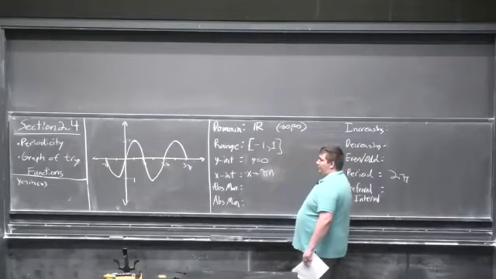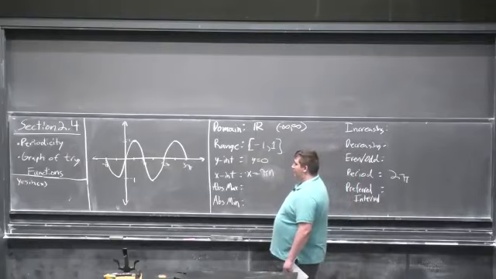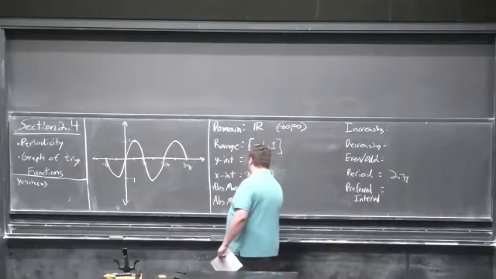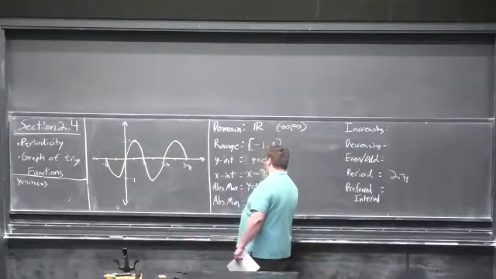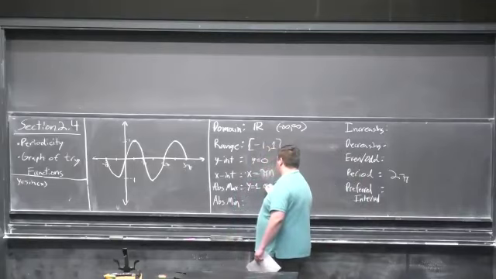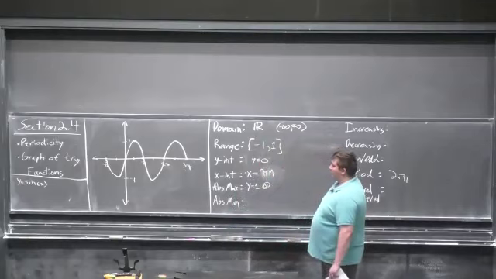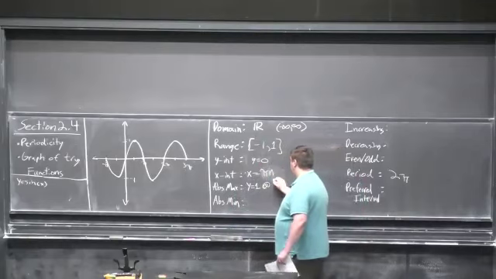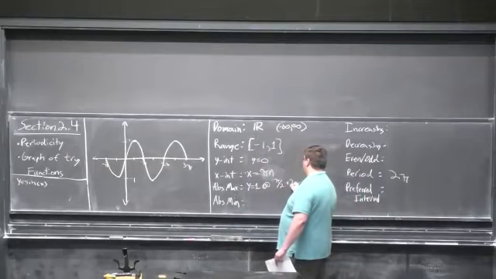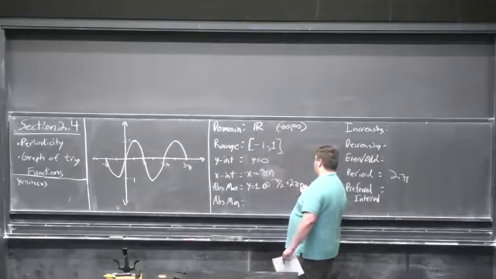Absolute maximum, that is y equals 1, and that's obtained at, so I'm going to use a fancy looking A. y equals 1, and then where's this at? That's at pi over 2 plus 2 pi n.